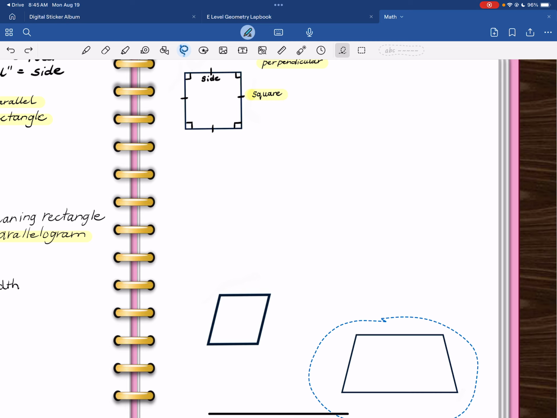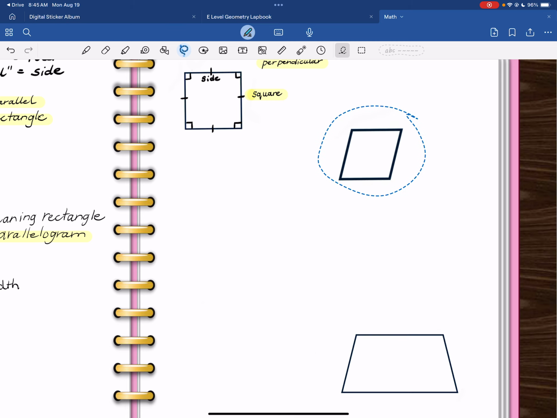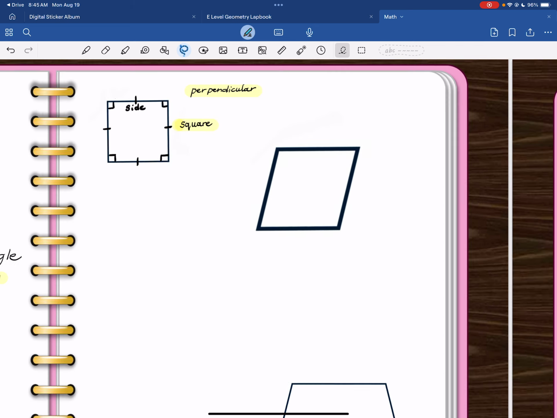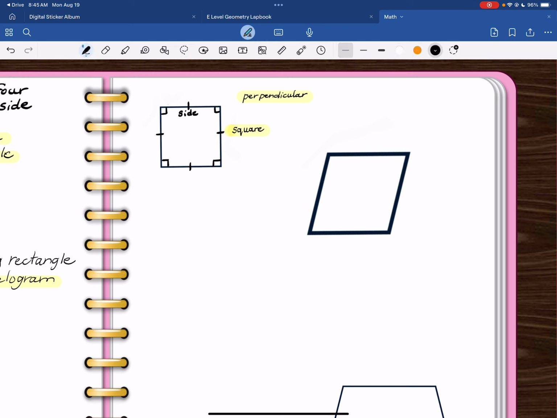Let's pull him down here. Here is the leaning square, and I'm going to make it a little bit bigger so I can draw in it. This is the leaning square, so it's a square that I've pushed to the side. It does not have right angles, but it does have 4 angles, and all of its sides are the same because it's a leaning square.